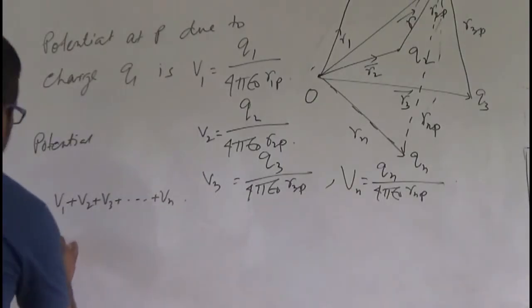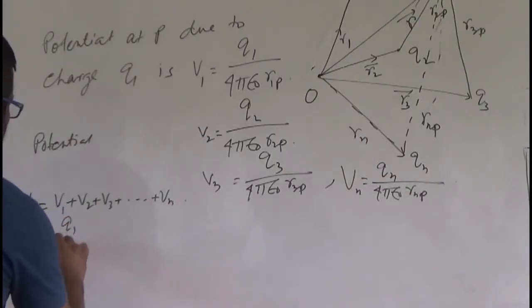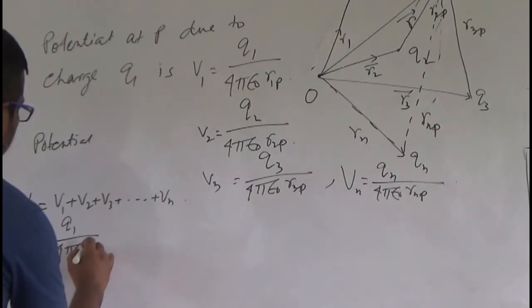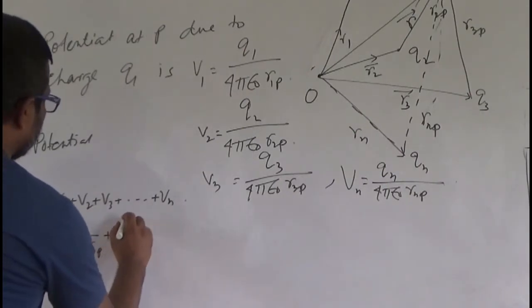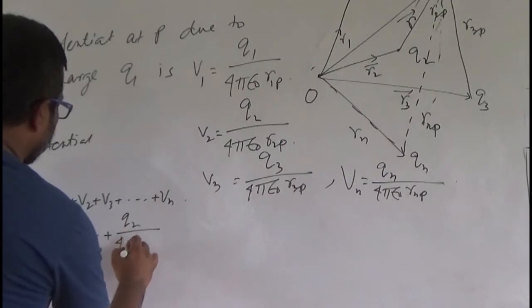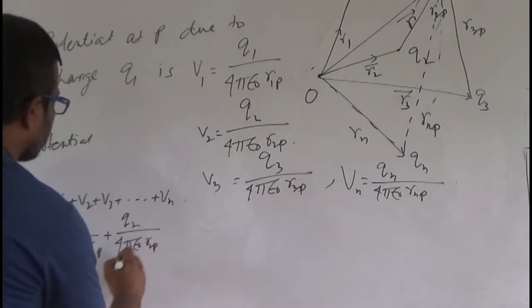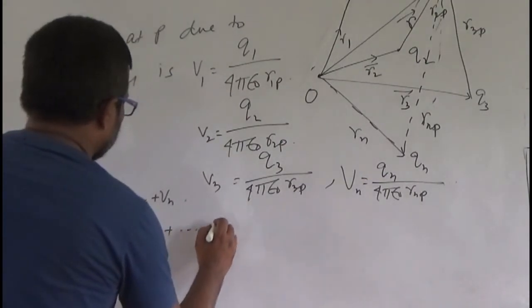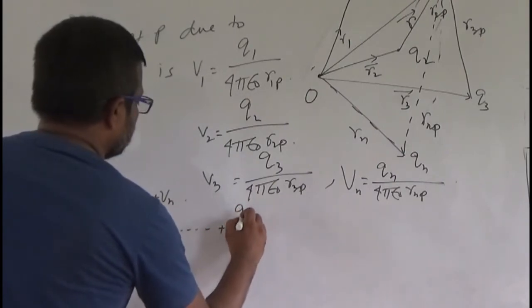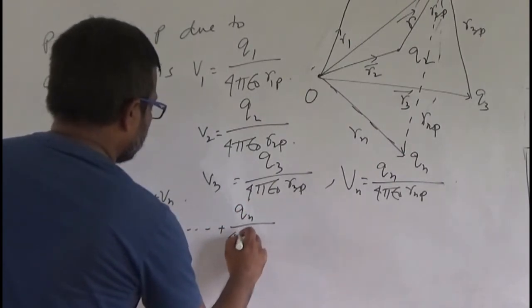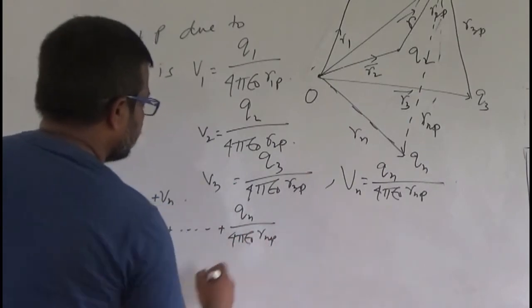That means V1 is equal to Q1 divided by 4 pi epsilon naught R1P, V2 equals Q2 divided by 4 pi epsilon naught R2P, plus dot dot dot, Vn equals Qn divided by 4 pi epsilon naught RnP.